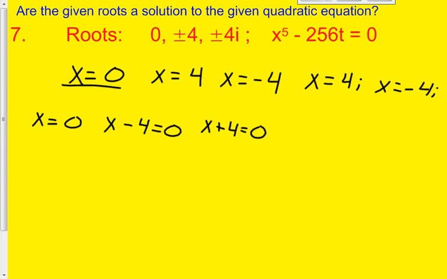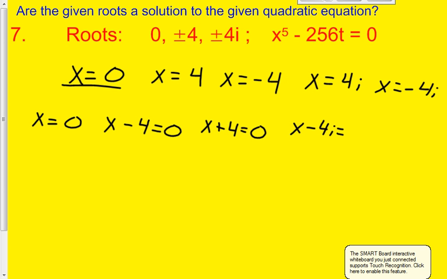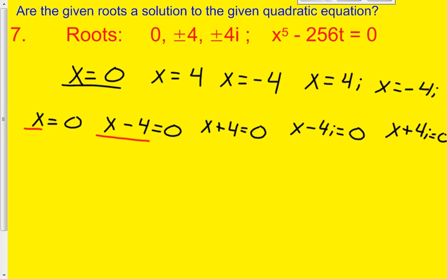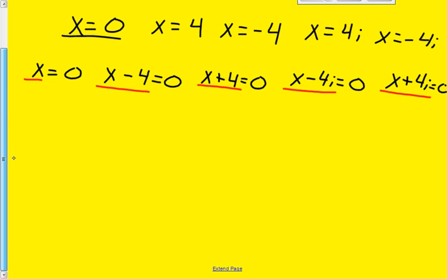My smartboard's going crazy on me. X minus 4i equals 0, and x plus 4i equals 0. Now we're going to multiply all of them together and set it equal to 0.